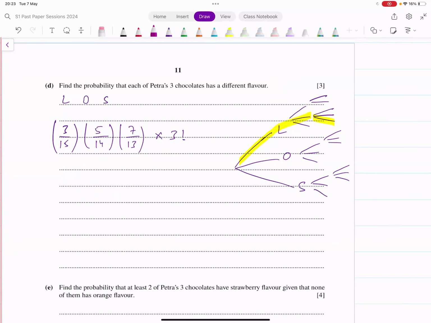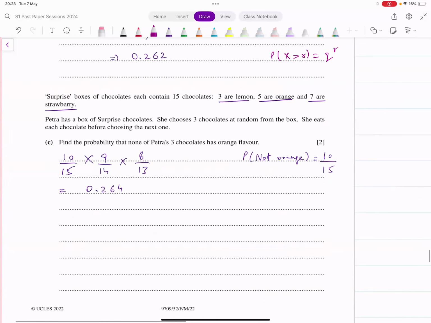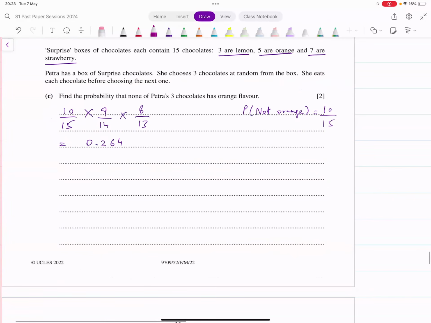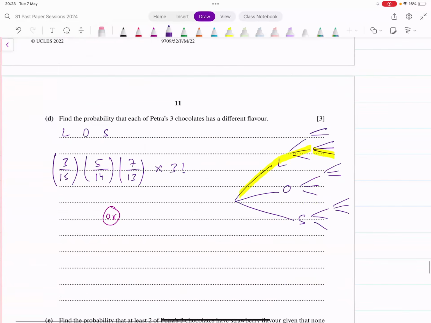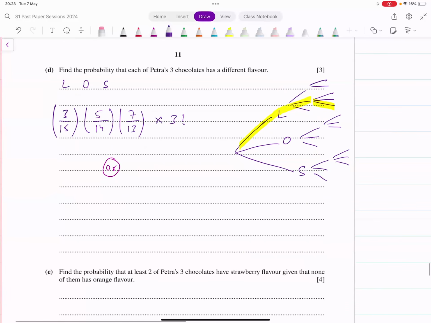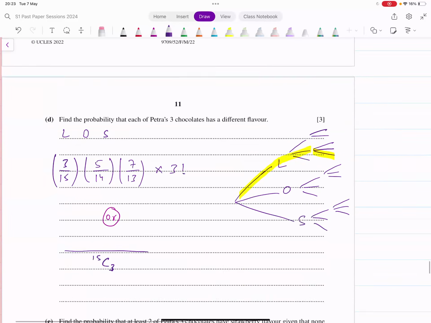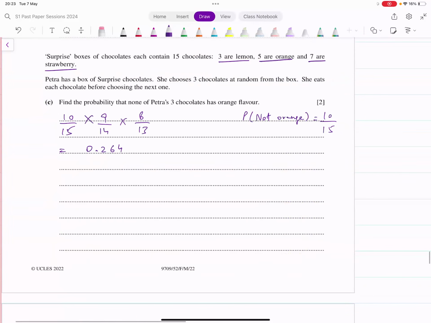Another way that's simpler is using combinations here. There are 15 chocolates in total. If there were no conditions and you had to select 3 chocolates, in how many ways can you do that? 15C3. Out of 15, select 3 chocolates. But then you've got some conditions. You need 3 different colors. That means out of 3 lemon chocolates, you need 1. Out of 5 orange chocolates, you want 1. Out of 7 strawberry chocolates, you want 1.